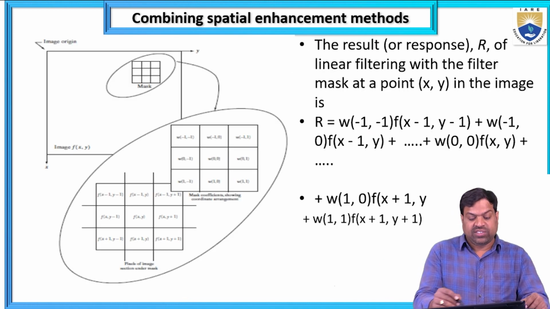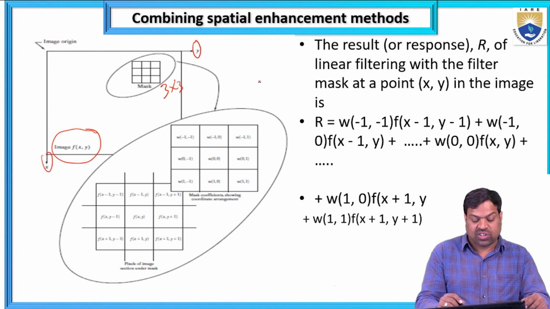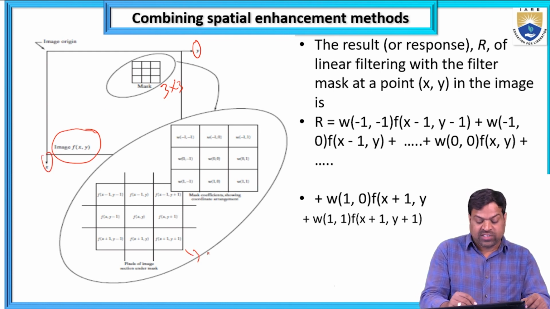So it is a mask of 3x3. The image is f of x comma y, and x-axis and y-axis are the origins. So I am taking a 3x3 neighborhood.